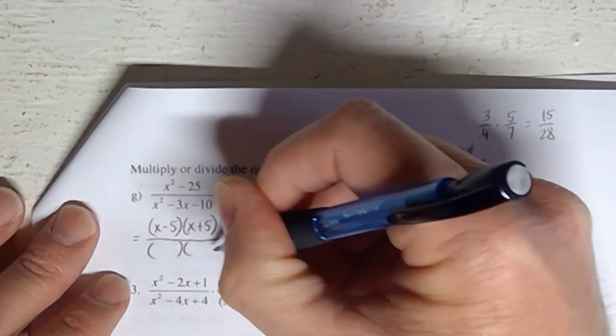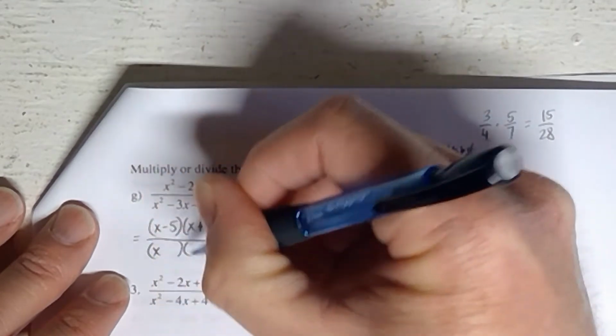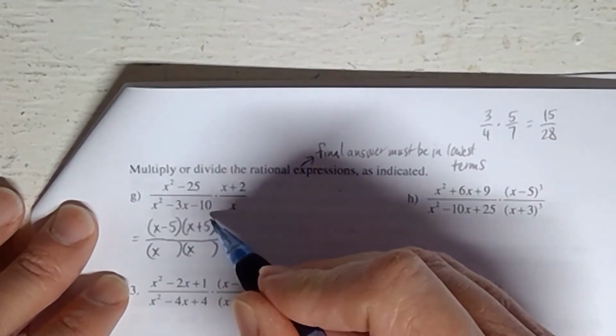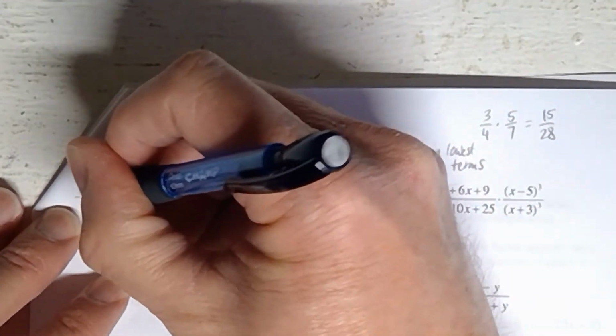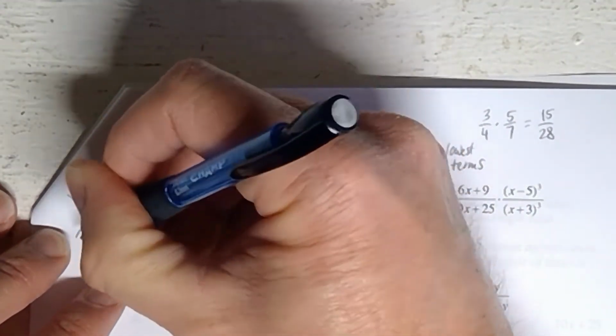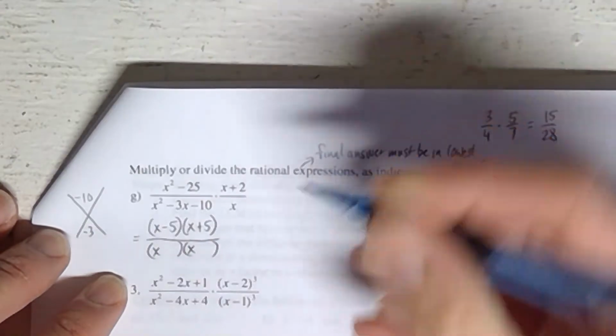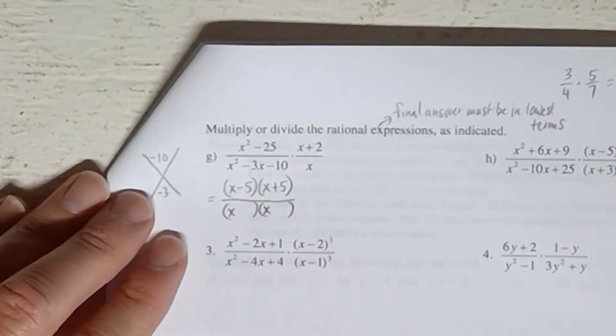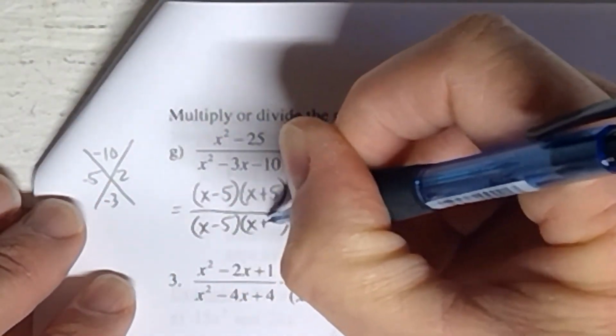The Berry method we're going to get is negative 5 and 2, negative 10. We need negative 3 in the middle, and so that's going to be negative 5 and 2. And so therefore we put that right there.